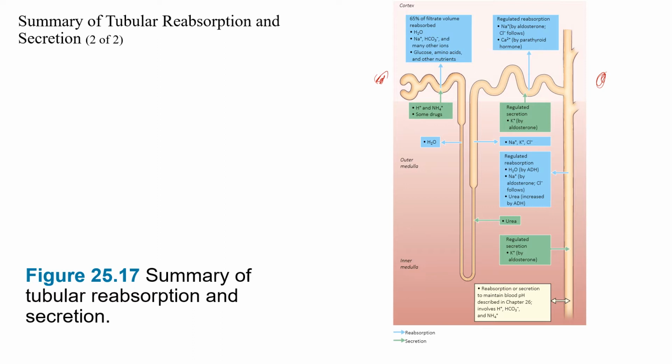What do we see moving in the medulla? What we see moving out of the descending limb of the nephron loop is water. And then in the ascending limb of the nephron loop, we see sodium, potassium, and chloride being reabsorbed.